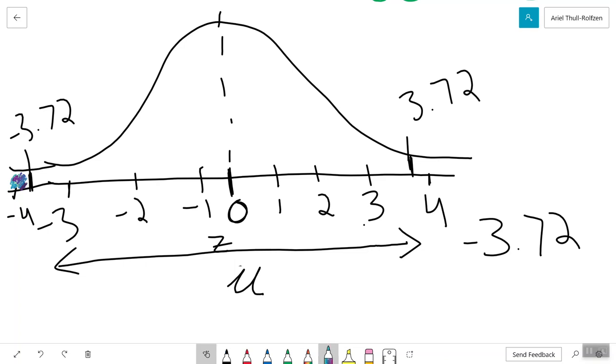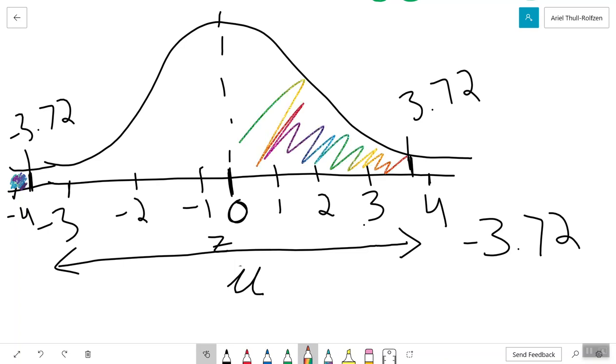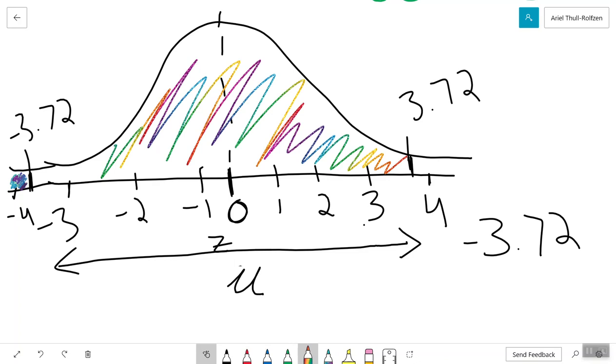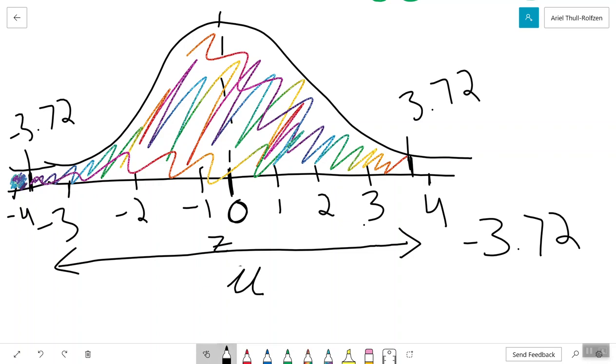That means that all of the area on this side is covered, and that's going to translate to a probability of 0.9999, and I think it goes on and on.